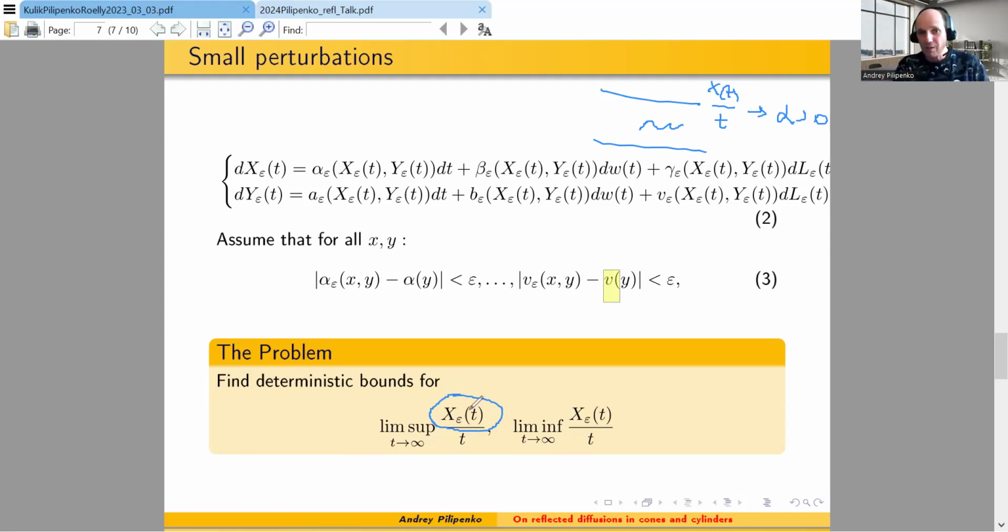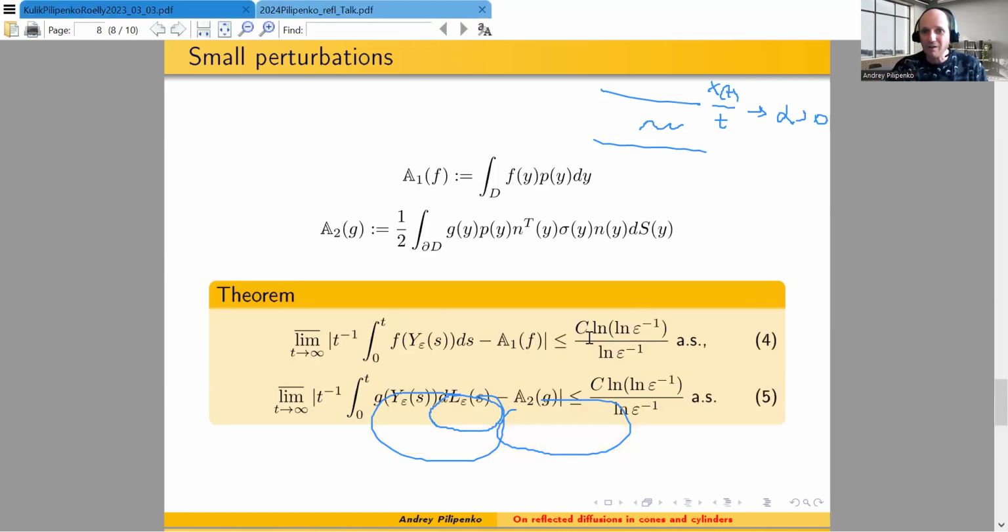So we can estimate the lim inf and lim sup by some constant plus or minus this small number. Actually, this number is small if epsilon is small.